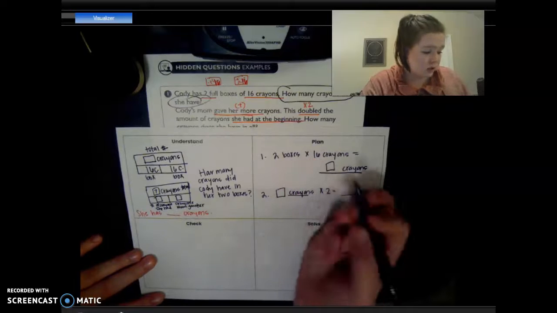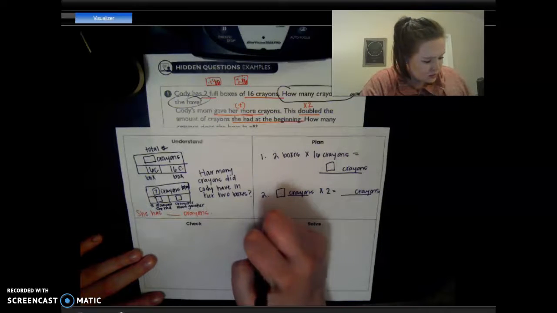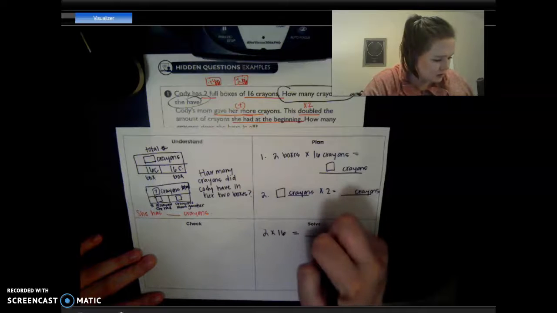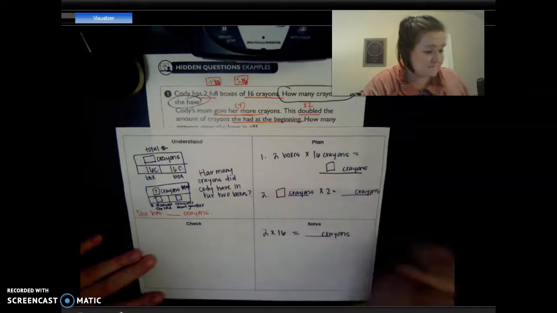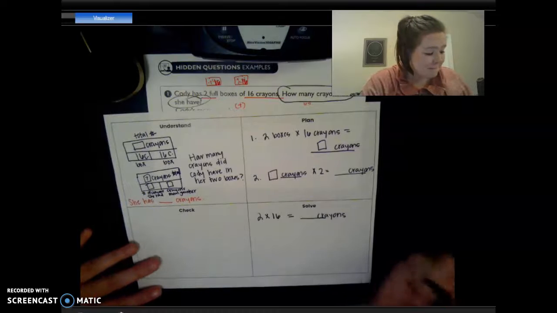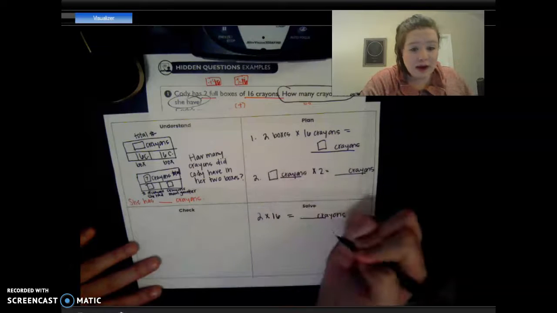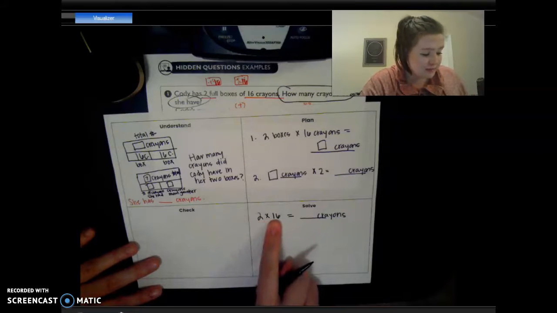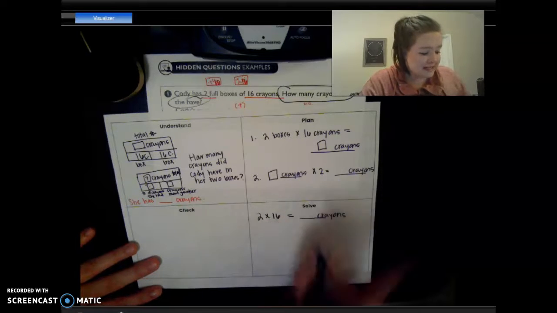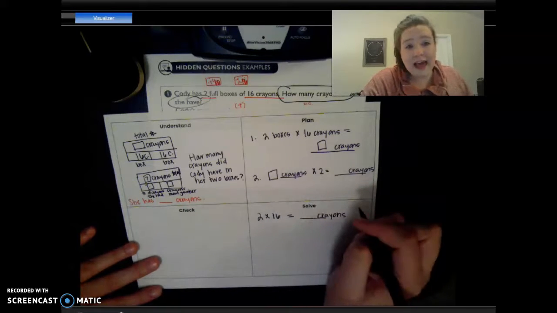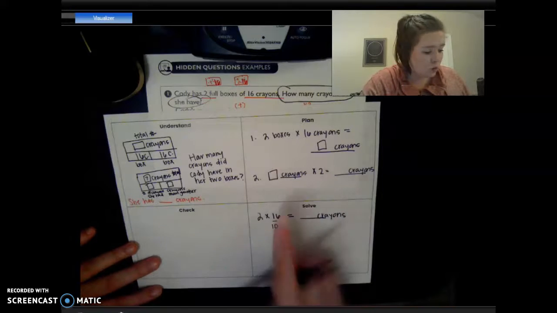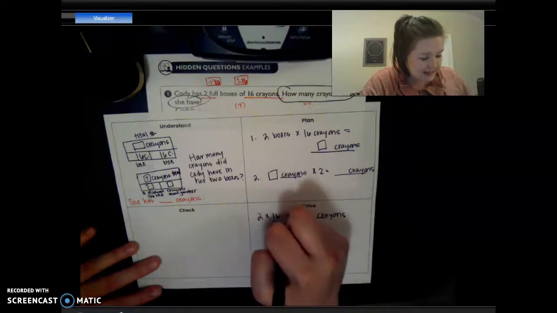So I'm going to do 2 times 16 equals a blank number of crayons. If I want to break up 2 times 16, I'm going to break up my 2-digit number, 16. Just like we do when we add, we're going to break it up into our place values. So I have 1 ten plus a 6.